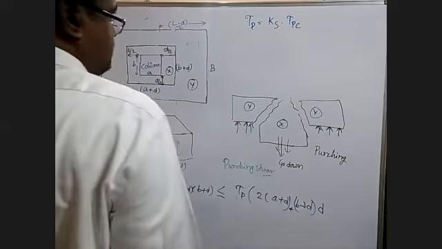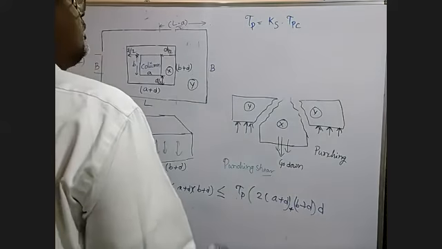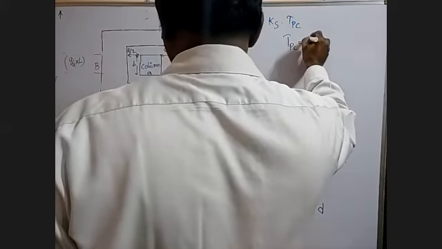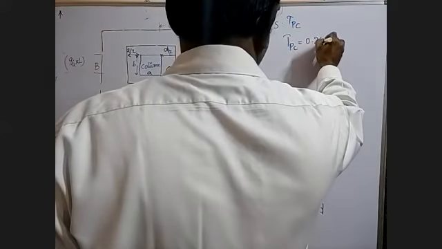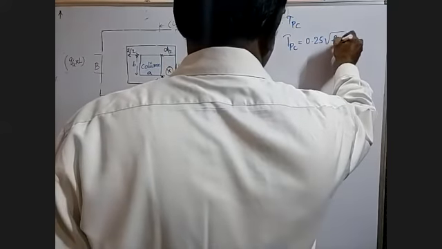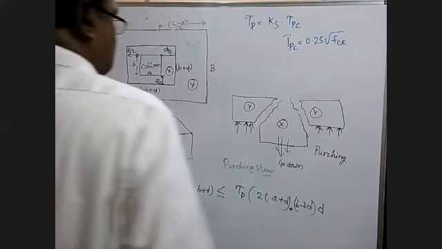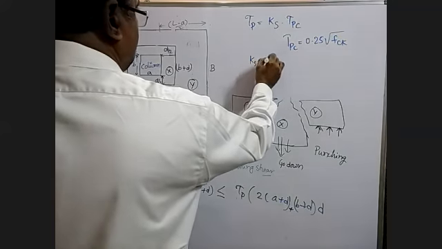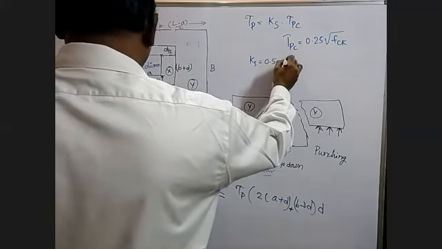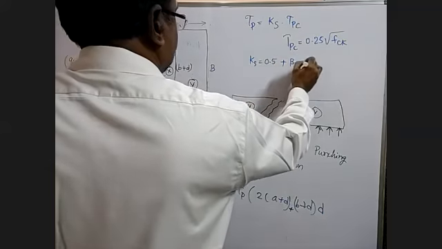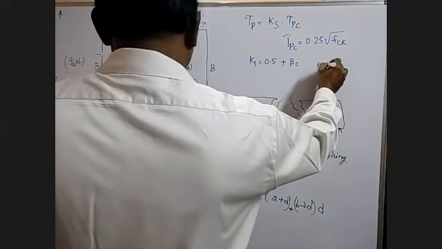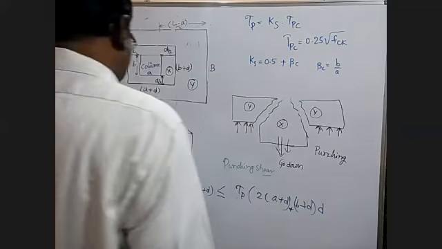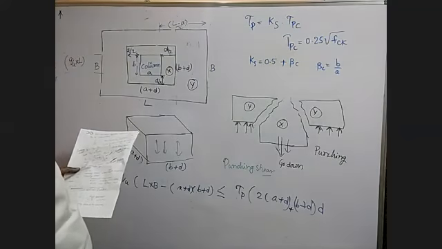The punching shear formula is Ks into tau pc. What is this tau pc? Tau pc is equal to 0.25 into square root of fck. Now you will get the tau pc value. Ks is equal to 0.5 plus beta c, where beta c is equal to b by a, that is, the shorter side of the column by the longer side of the column.